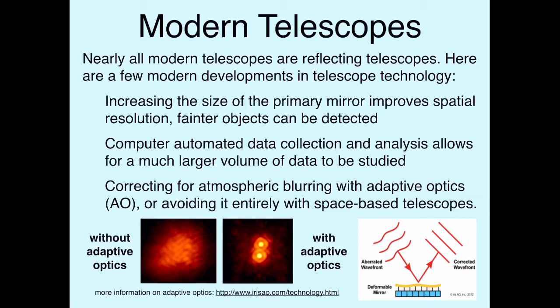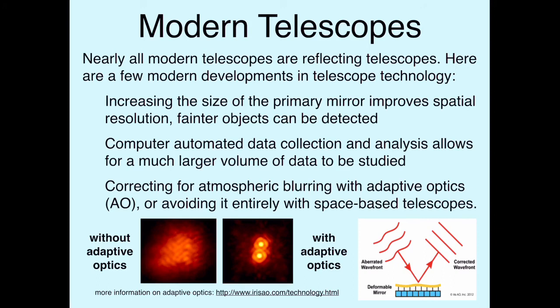So there are several different robotic telescopes out there that are just collecting data all on their own, and that data gets fed into AI systems to analyze. And the overall effect of that is that you can study a much larger amount of data, a much larger volume of data can be studied compared to just having people do this work by hand.